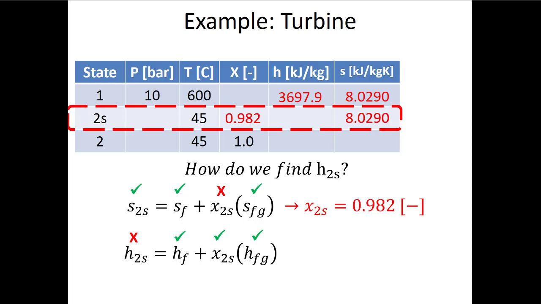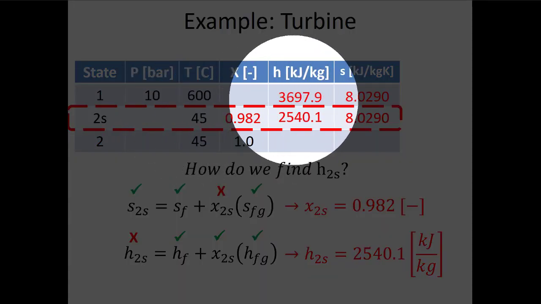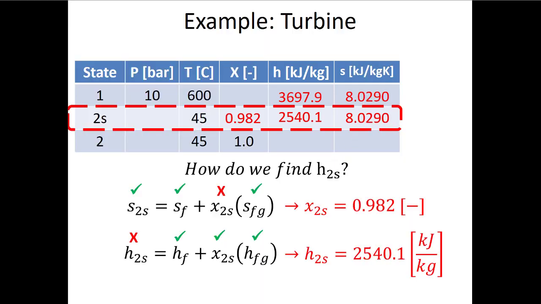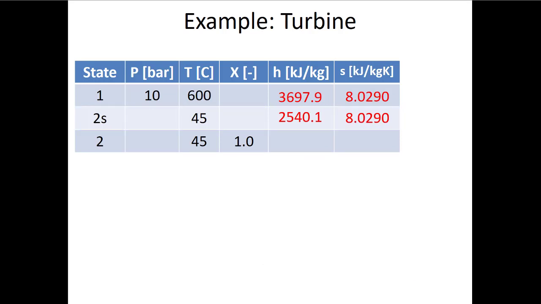And I can find hfg because it's in the textbook. So now I can see that h2s is equal to 2,540, and I drop that into my table. This does make sense, right? Because I know that turbines have positive power, so h in minus h out should be positive. And I get that. So this is good. I feel reasonably good about this number.